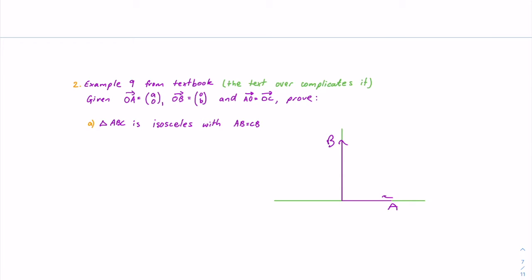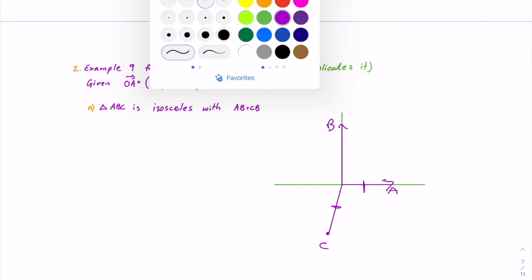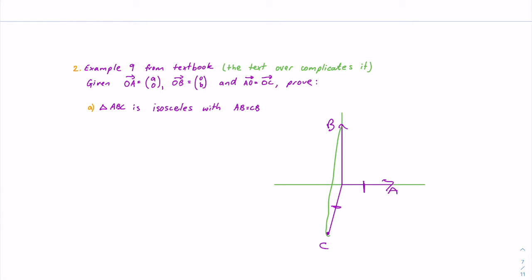Those are vectors. And then it said that AO equals OC without writing them as vectors. So technically speaking, C could be down here somewhere if that was right, as long as this length equals that length. And then it said to prove that triangle ABC is isosceles.